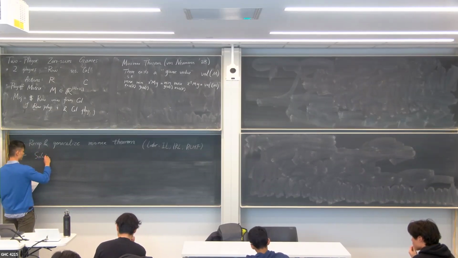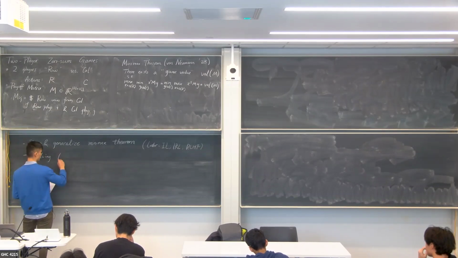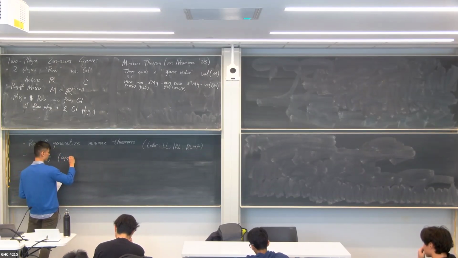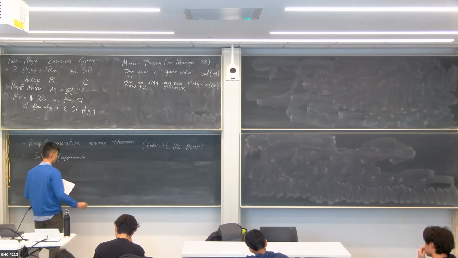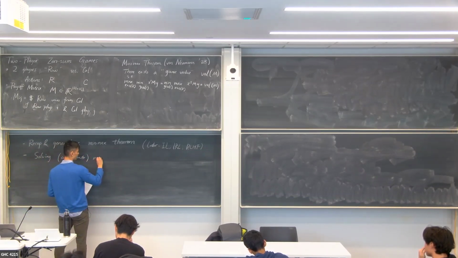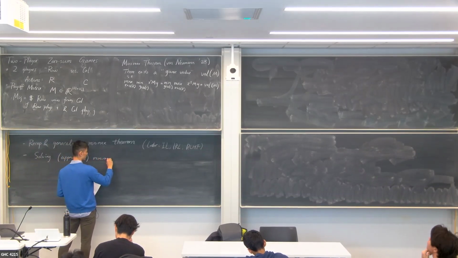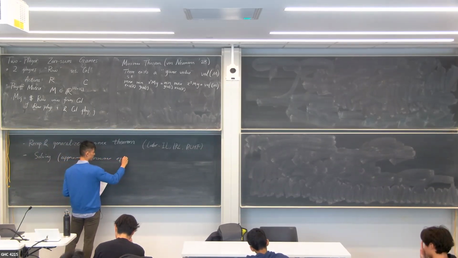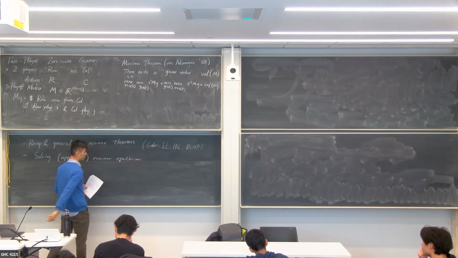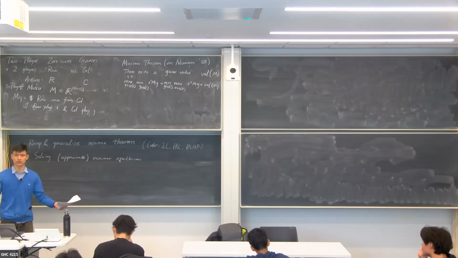Solving approximate minimax equilibrium. If you know a little bit of game theory, for this class of game, this is sometimes just called a Nash equilibrium.